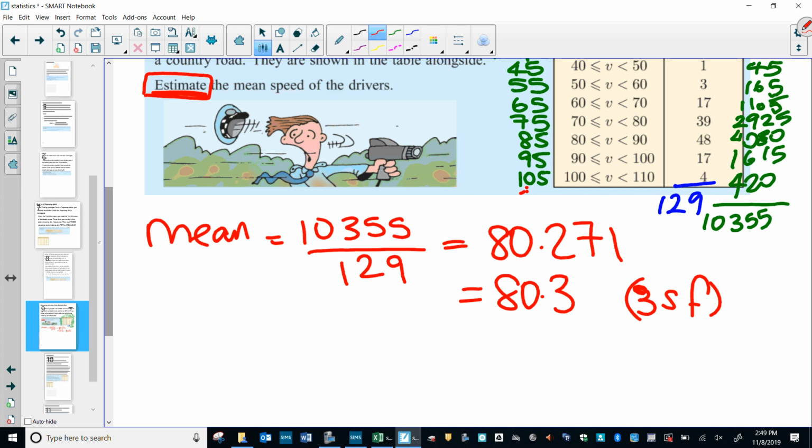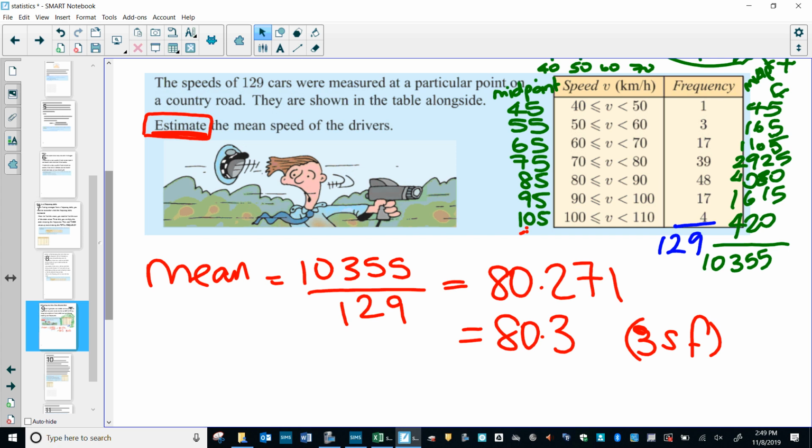I don't see where we estimated anything. We didn't physically estimate it, but this is not an accurate answer for the mean. The reason being is because our data is within a range, and we don't know what the actual numbers were. We only know that this value was between 40 and 50.